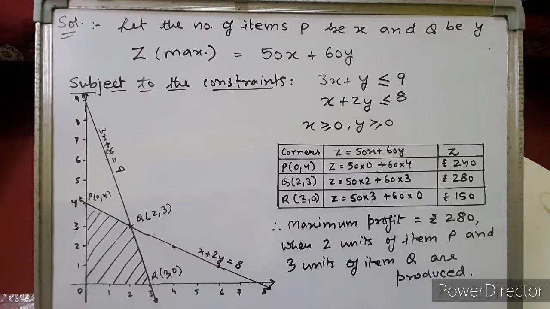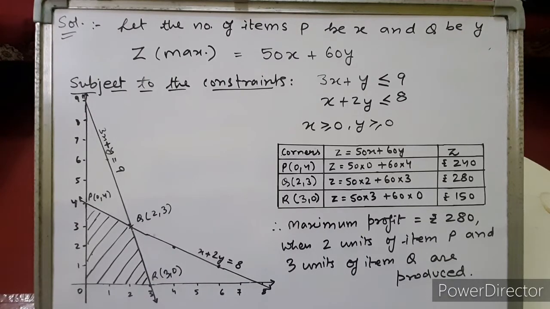50X plus 60Y. Now we'll come to the subject to constraints. We'll construct the constraints in equations according to the conditions given in the question. Now in the question it is given that each unit of item P requires 3 grams of gold and each unit of item Q requires 1 gram of gold, and the company has 9 grams of gold in store.